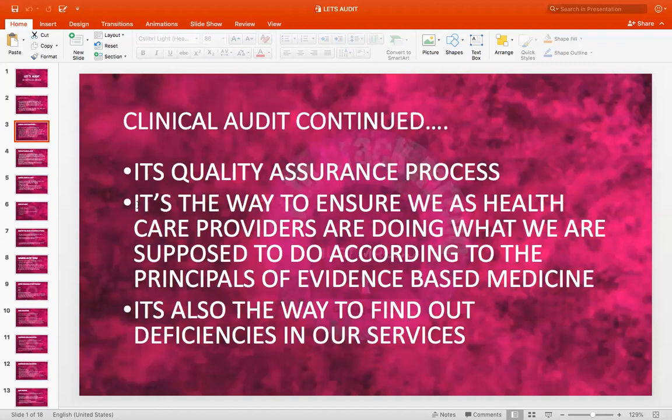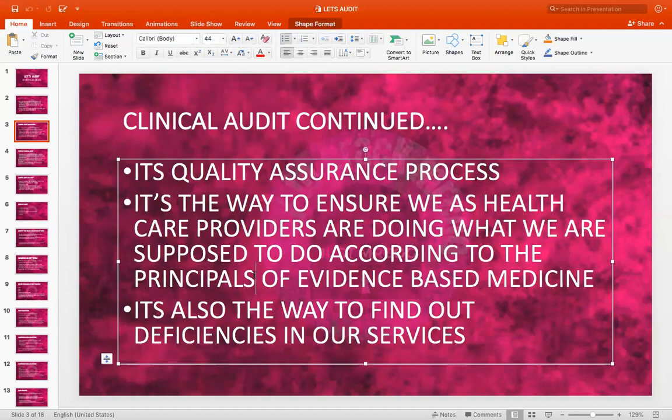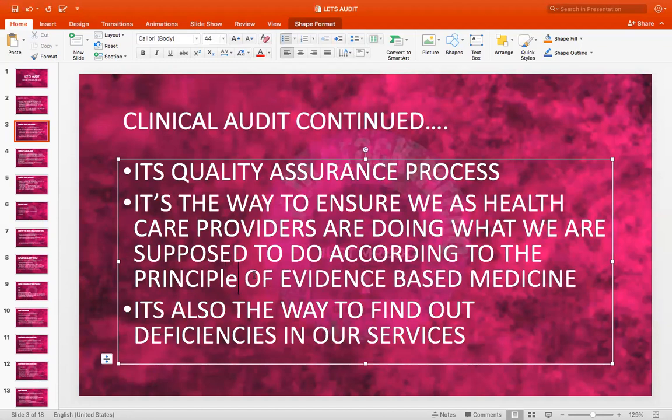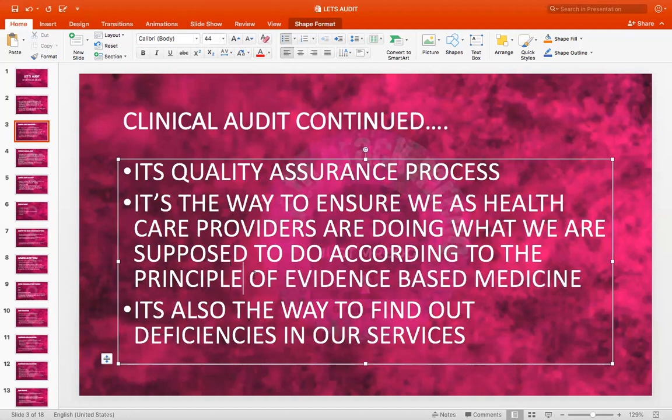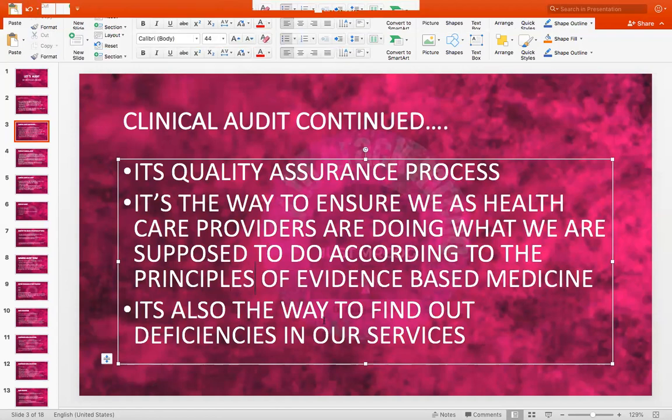So it is the way we as healthcare providers are doing what we are supposed to do according to the principles of evidence-based medicine. It is also the way to find out deficiencies in our services.